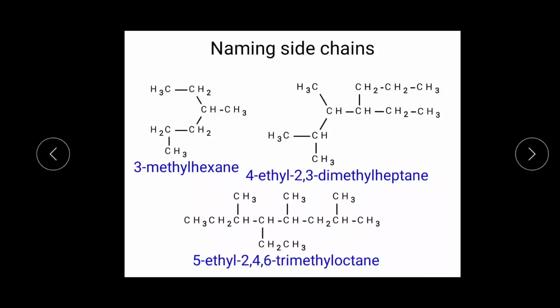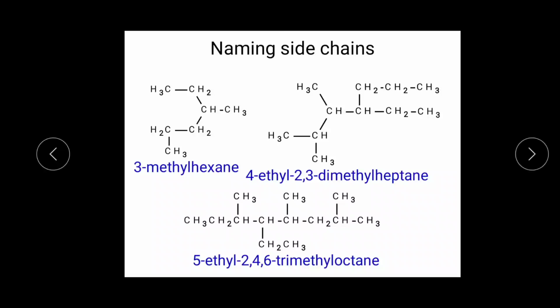So the longest possible chain is obviously this part. You're going to assign the numbering to the carbons based on the side chain which is located on the nearest end.